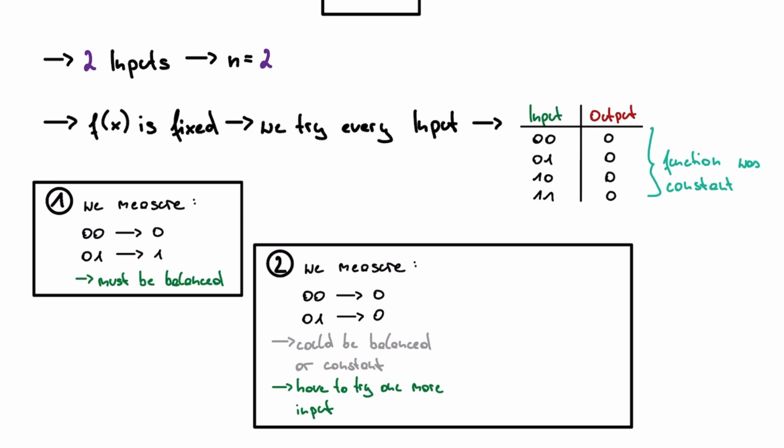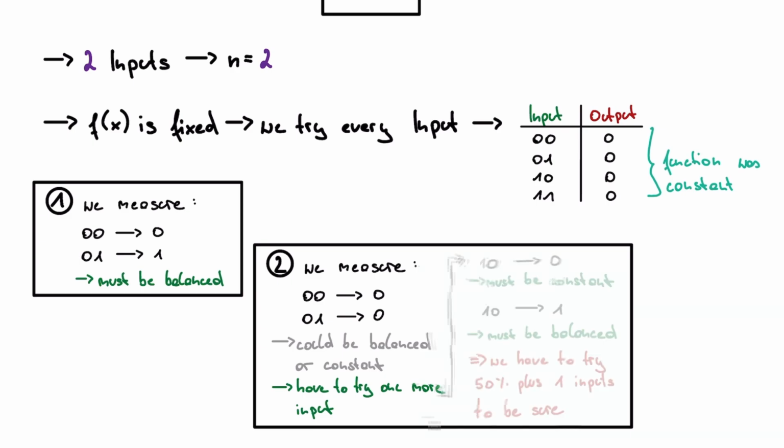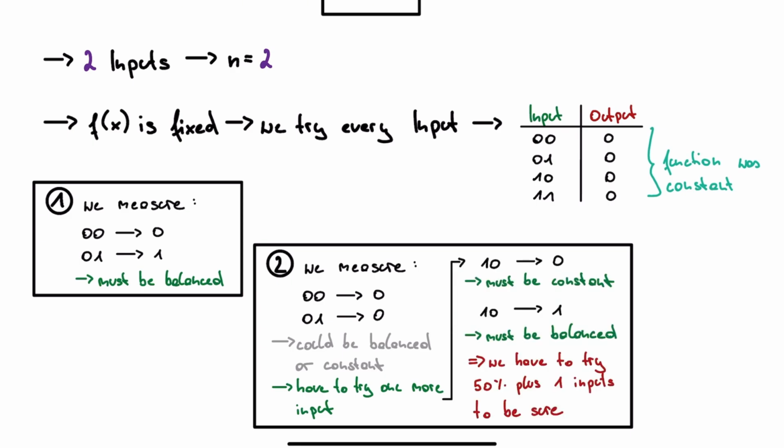If we now test the input 1,0, and it gives us 1, then we immediately know the function must be balanced, because we've seen 2 zeros and 1,1, and if 1,0 gives a 1, then the remaining input, 1,1, must also be 1.